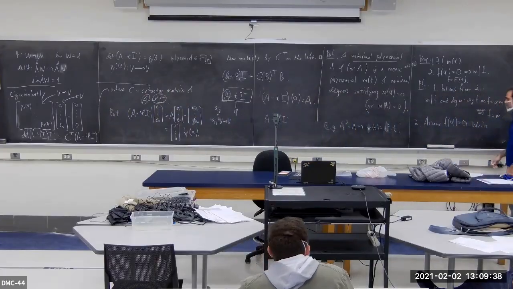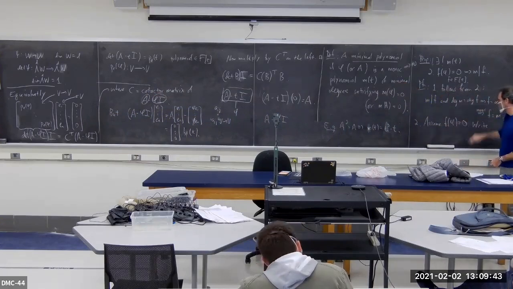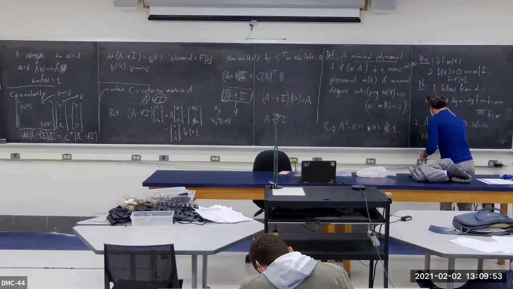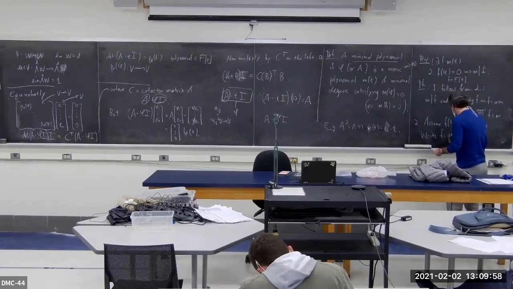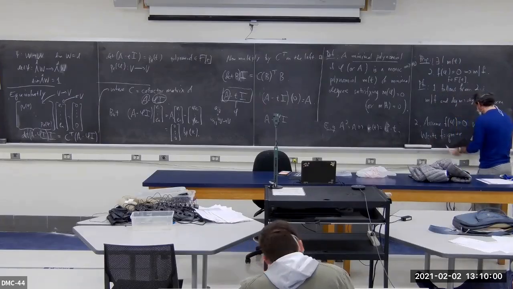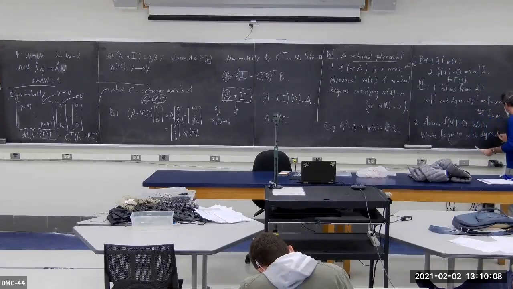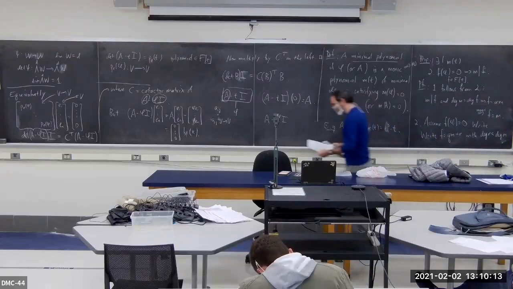So let's assume that f of phi is 0. So there is a minimal polynomial m. Let's suppose we have any other polynomial that satisfies f of phi equals 0, such as f being p sub phi, the characteristic polynomial. So let's write f is going to be q m plus r, with the degree of r less than the degree of m. This is called the Euclidean algorithm.